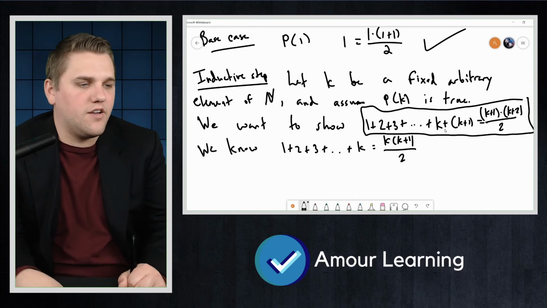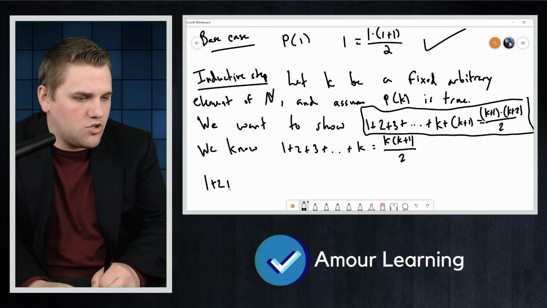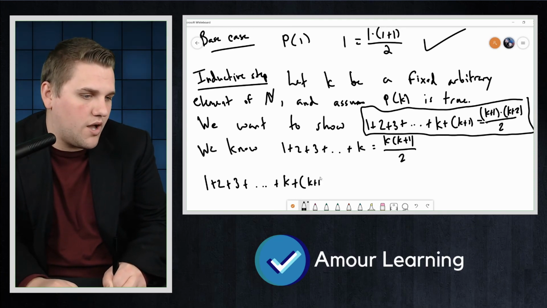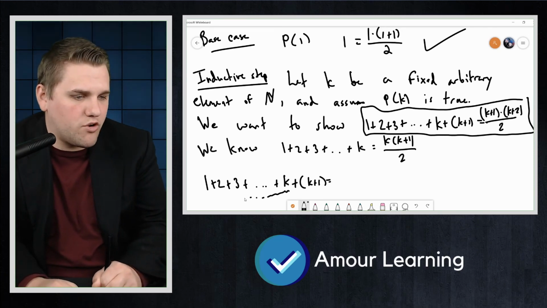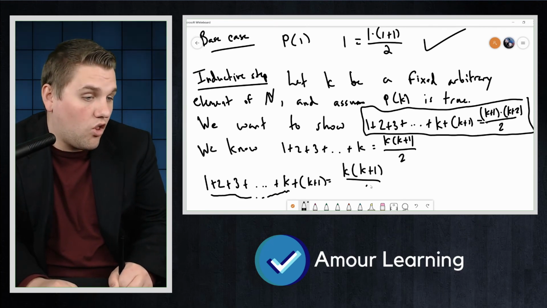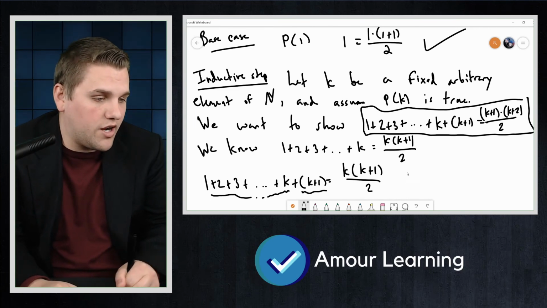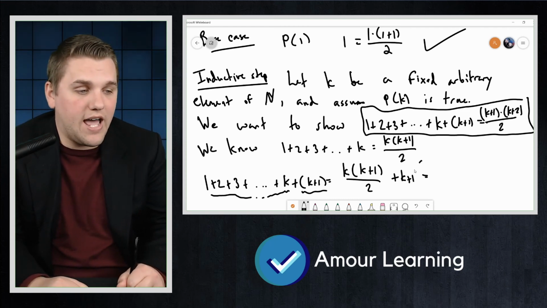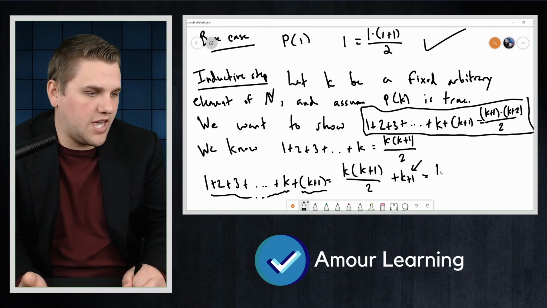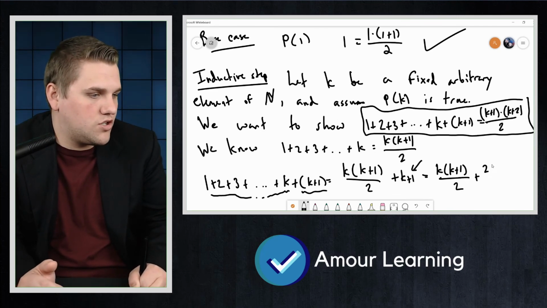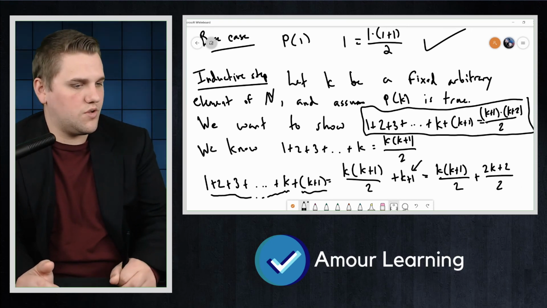So 1 plus 2 plus 3 plus k plus 1. Well, this portion right here is just k times k plus 1 all over 2. And then I have left over here plus k plus 1. And I can rewrite this right here as a fraction. So this is k times k plus 1 all over 2 plus 2k plus 2 all over 2.